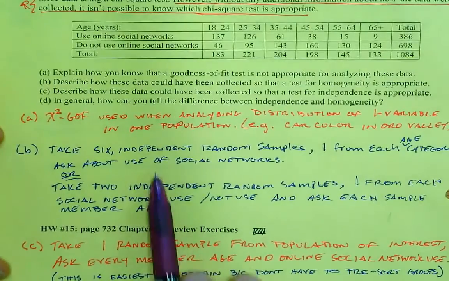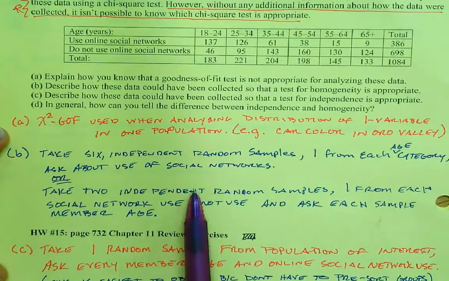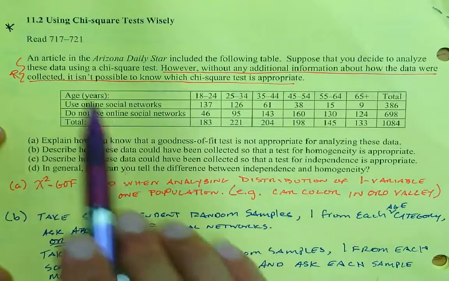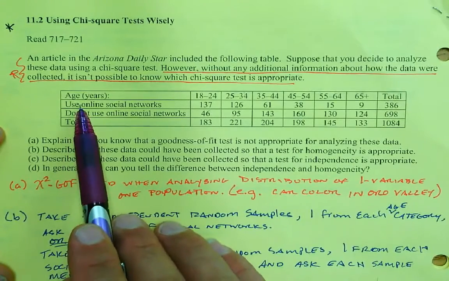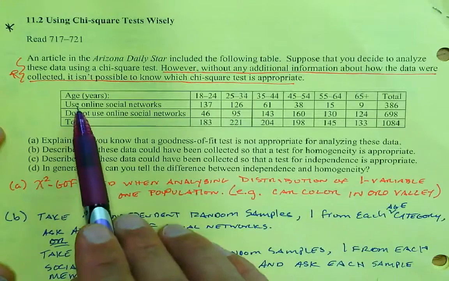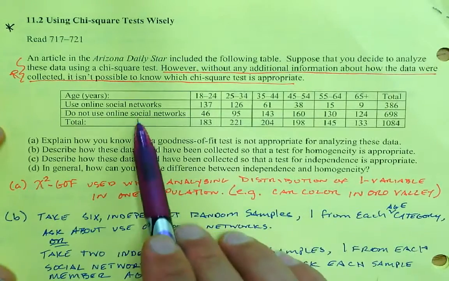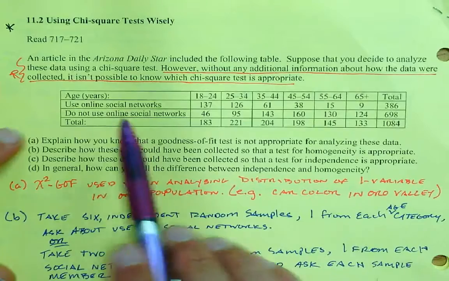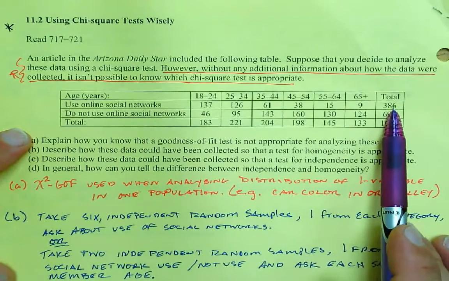So as in this example about the 6 independent random samples versus 2 independent random samples, if we said, hey, let us consider those that use social media, those that do not use online social networks, and ask each of those groups. Well, we determined the 2 groups to select from. We had to go in there and say, hey, let me ask 386 that use social media.